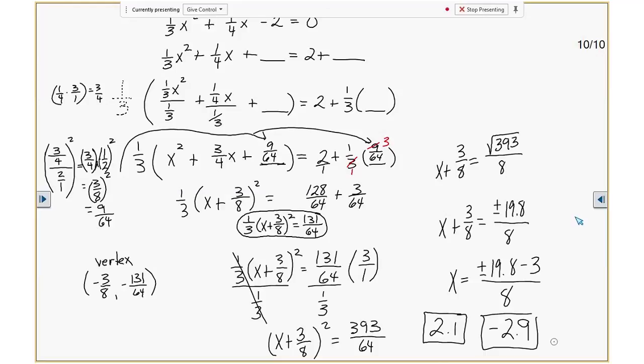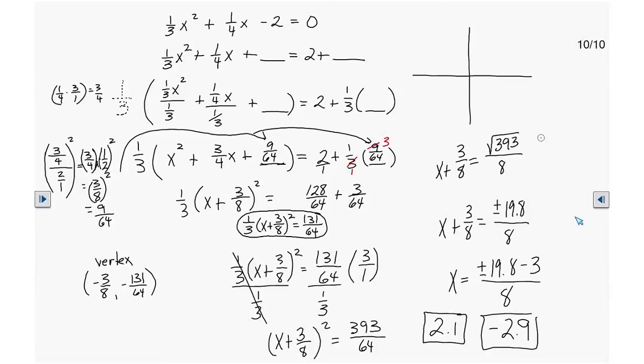All right, sketch it. So we've got a y-intercept of -2.